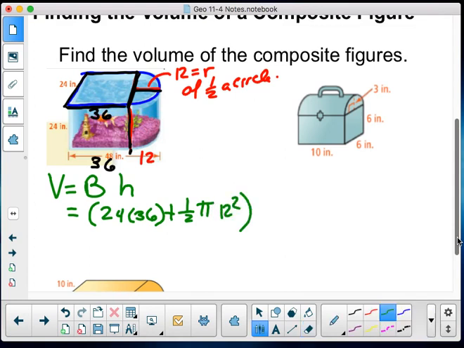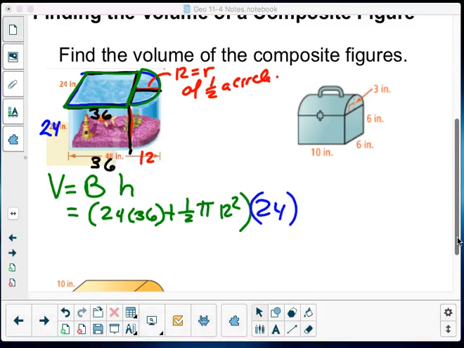That's my base. That's the 24 by 36, and this is my half circle. Now my height is going to be blue here at 24 inches. 24. That's my height.